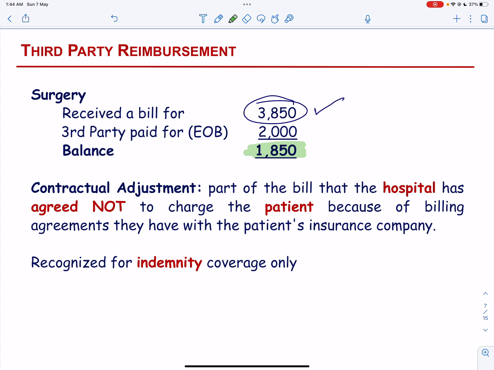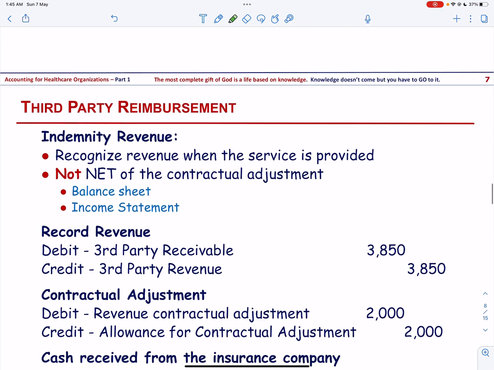So with health insurance coverage, some of the coverage may be indemnified coverage, while some of it could be capitation. The insurance policy could have some illness that is fully covered, while for other illness there may be limited coverage. Let us do some general entries in this regard.